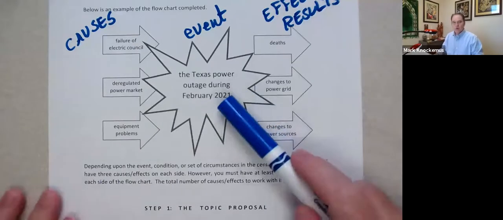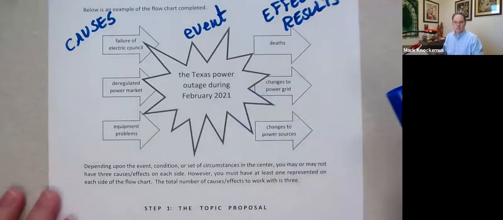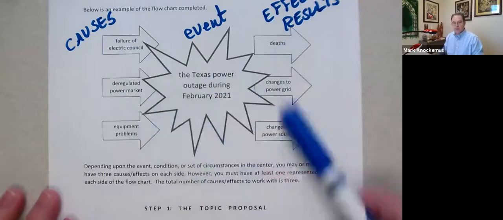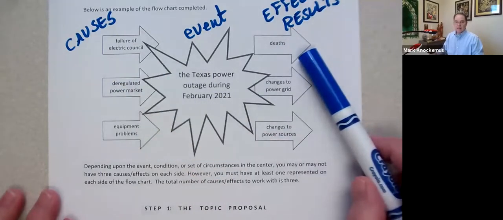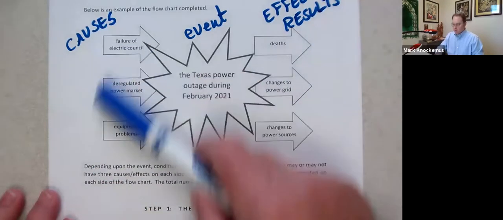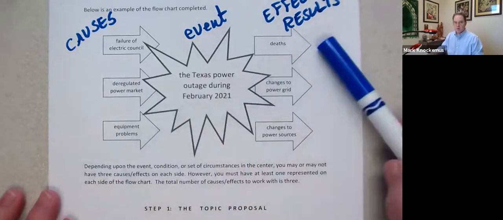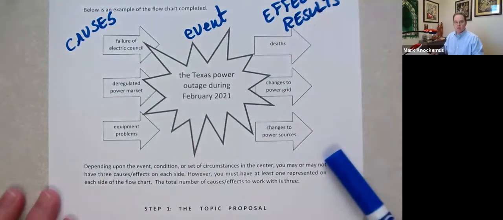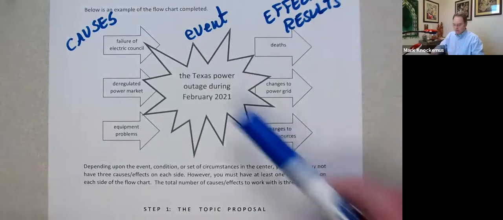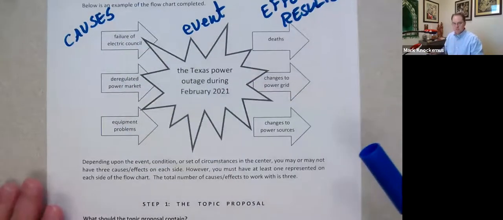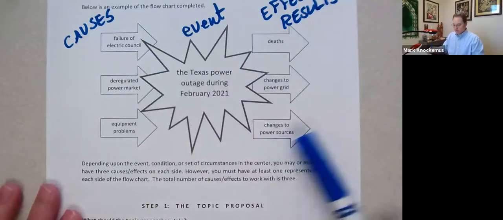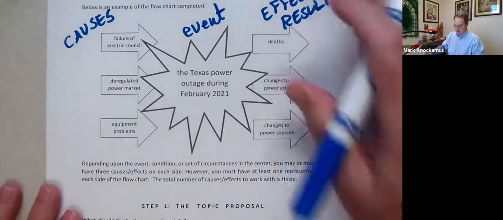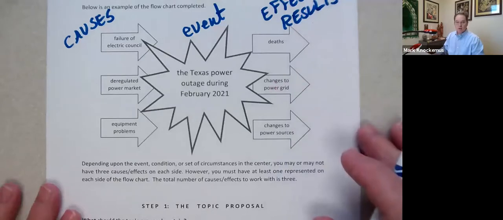Depending upon your event, condition, or circumstances, you might not have 3 on each side, but you've got to have at least 1 on each side. You have to have at least 1. But I have many more causes than this, many more results, many more effects than this. So you just want to go ahead and get this fleshed out. And then once you have this taken care of, in essence, what you have is step 1.